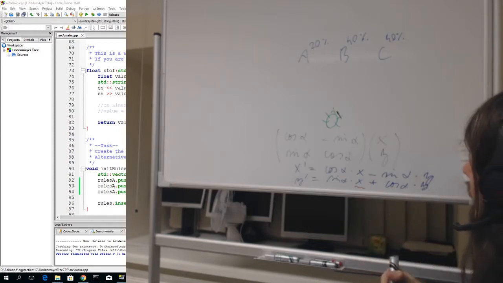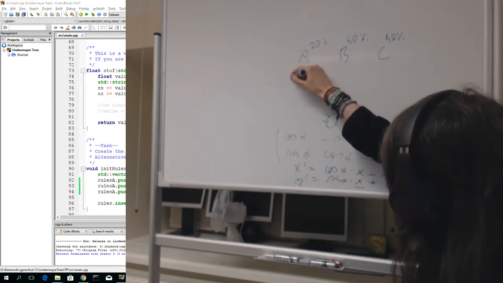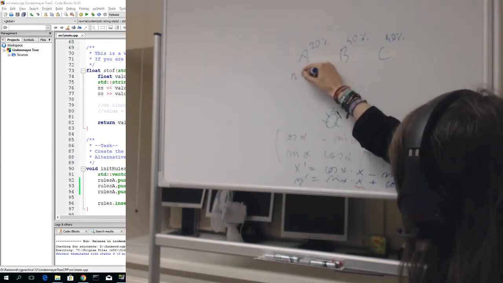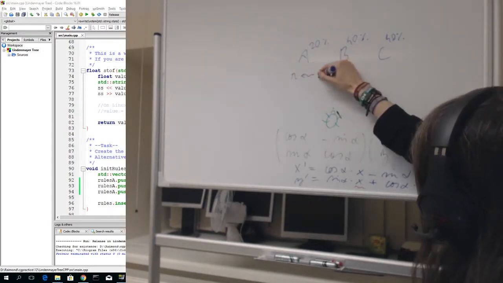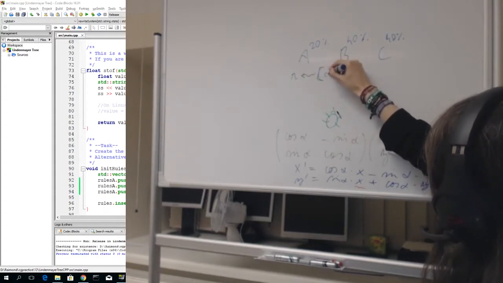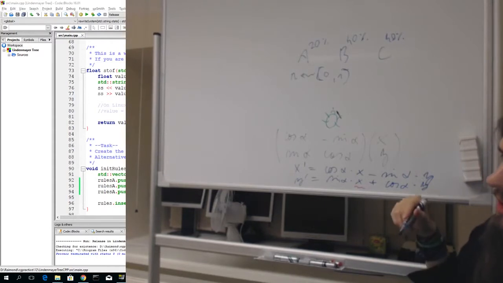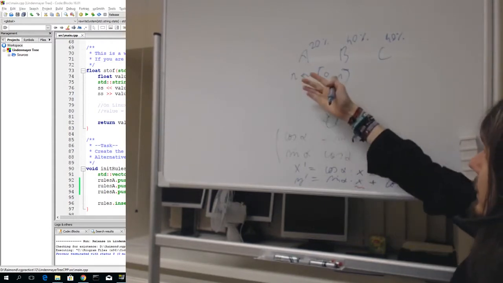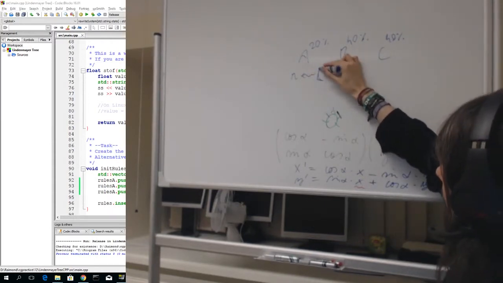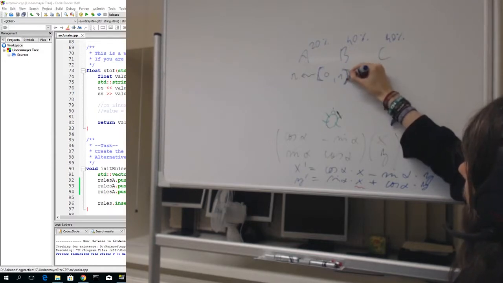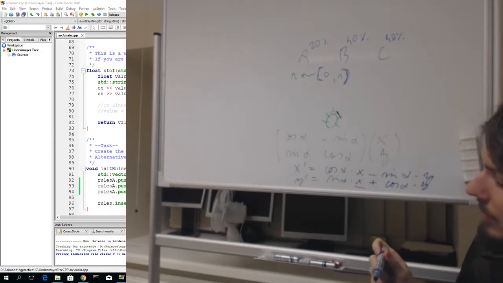Well, what you can do is you can have some kind of a random variable, so from, let's say, a 0 to 1 distribution. And now the question is, what do you do with this random variable such that you can now pick one of those values?